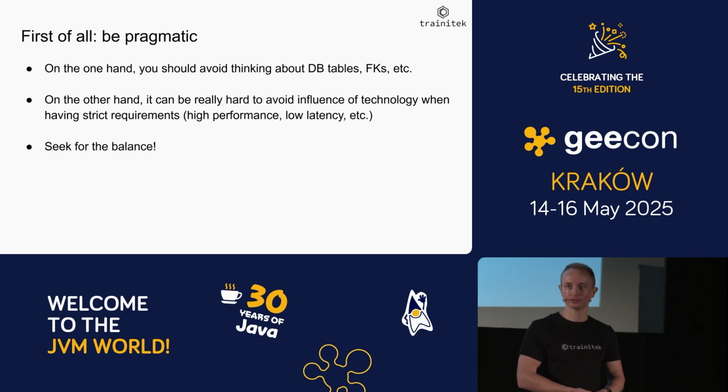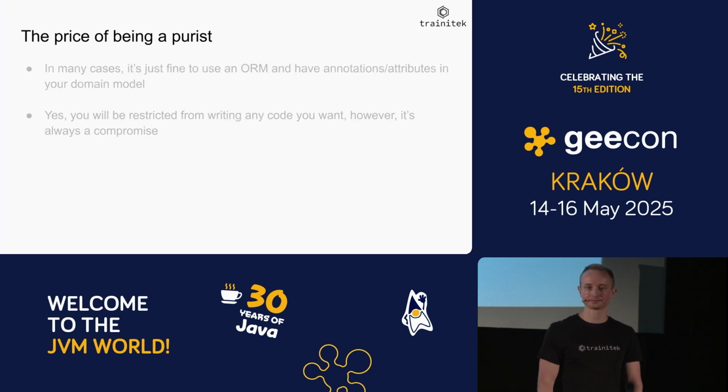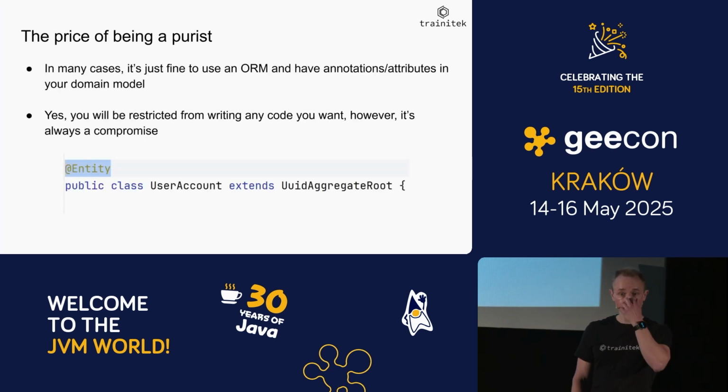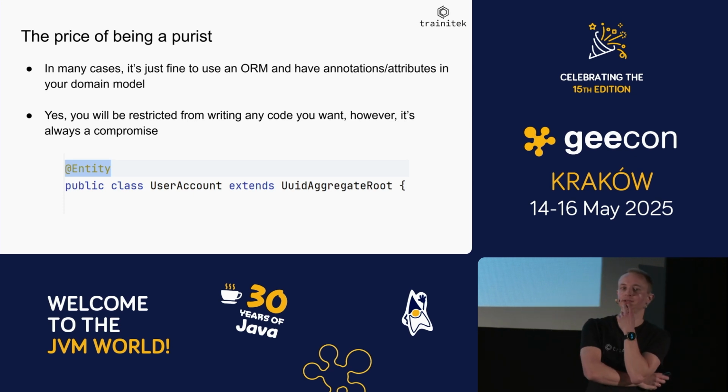I've seen so many developers who are thinking about those additional mapping tables in a database before they write any single line of code. And the price of being a purist. Some may say, oh, you put an entity annotation on your class.